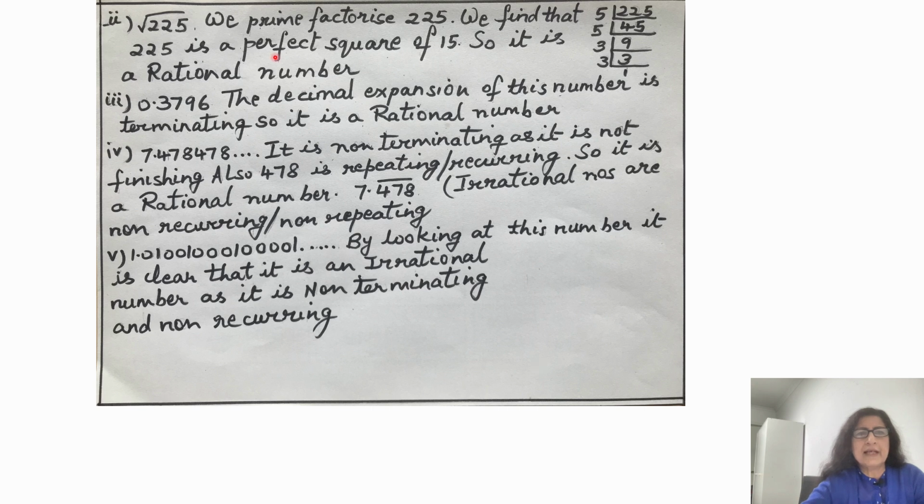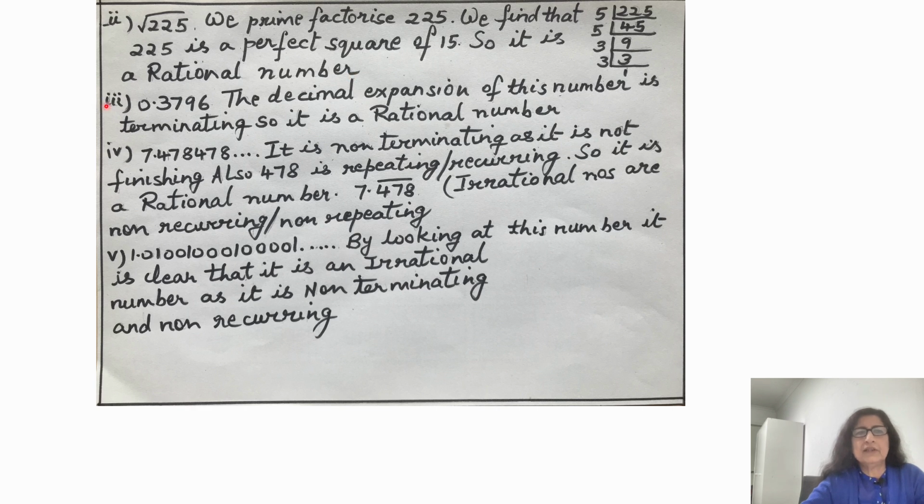We move on to the second part. Under root 225. We prime factorize 225. We find that 225 is a perfect square of 15. So it is a rational number.